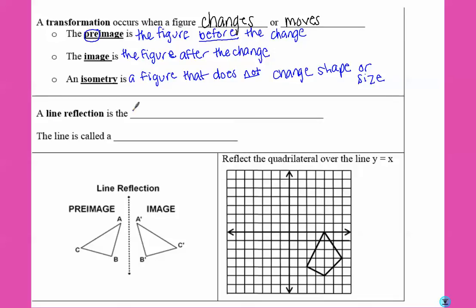A line reflection is the mirror image of a figure over a line. That line is called a line of reflection.